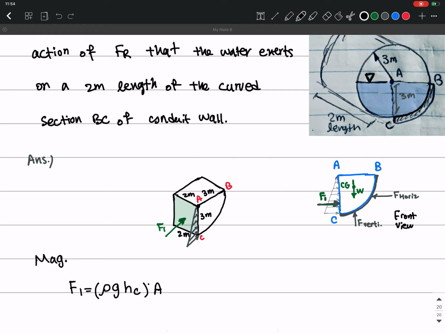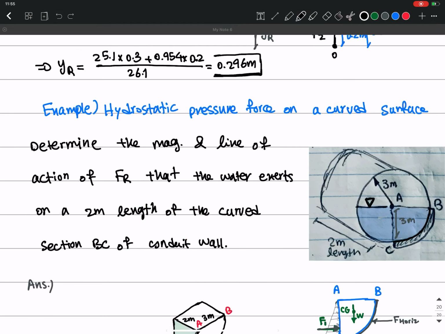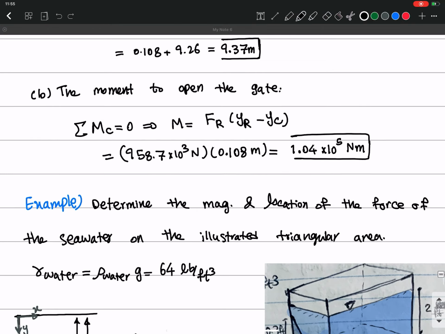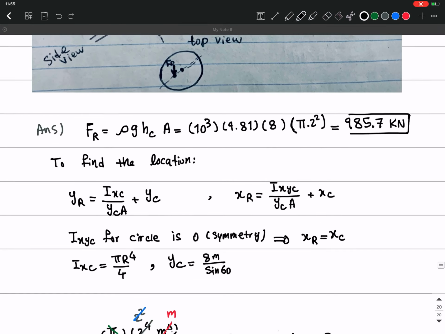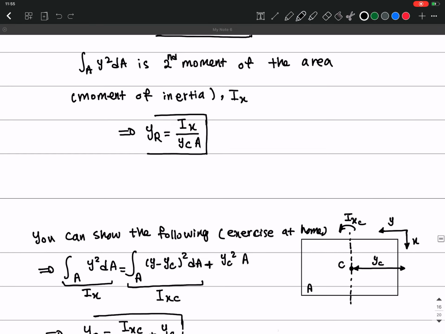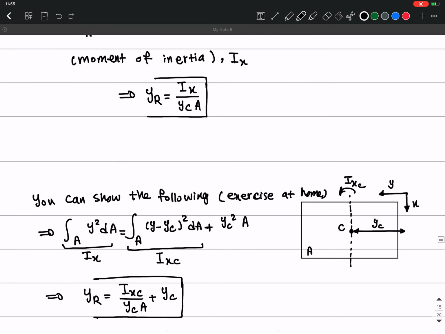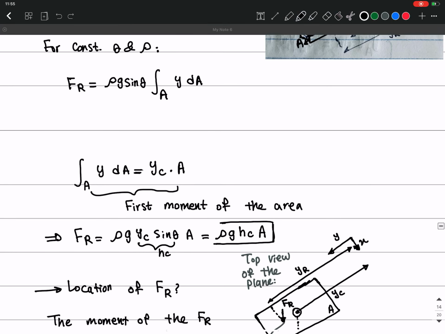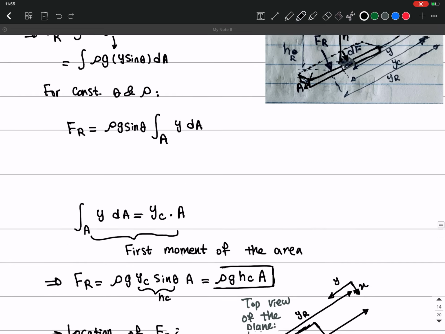So I need to know the hc. The hc is the first moment of area. You can either use these formulas that we learned, so let me see if I can find it. So hc is here. This is the first moment of area.